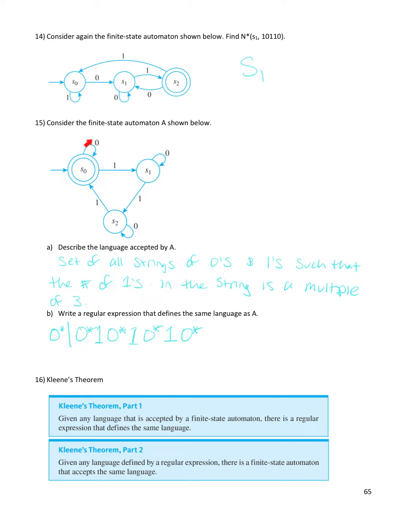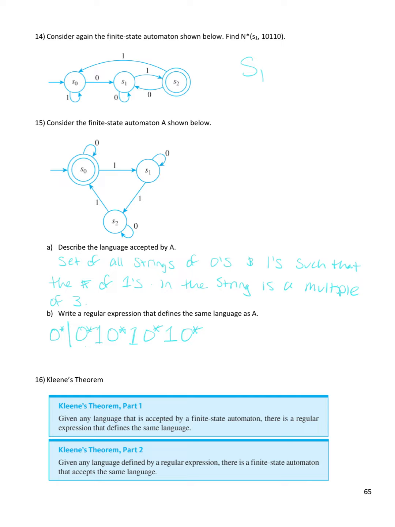So we're saying any number of zeros followed by a 1, followed by any number of zeros followed by a 1, followed by any number of zeros followed by a 1, followed by any number of zeros. Now, that only describes exactly 3 ones, not a multiple of 3 ones.